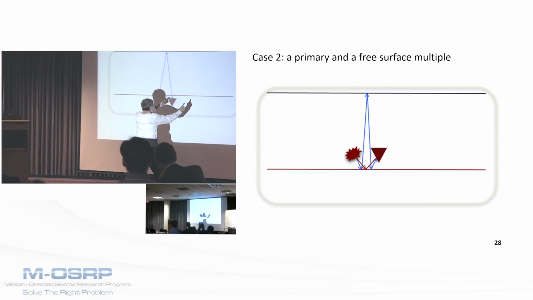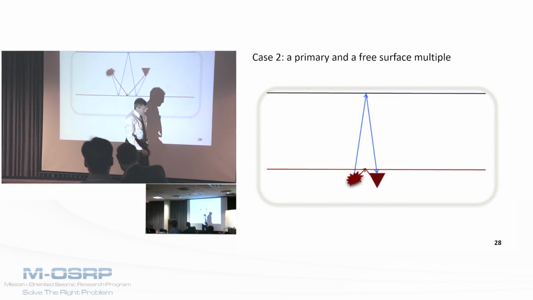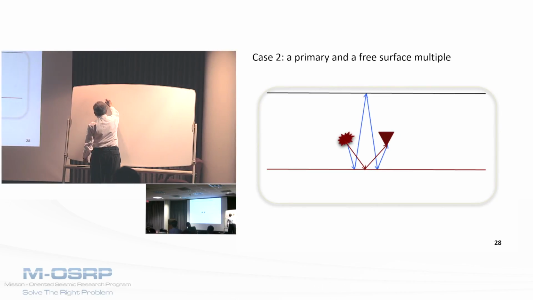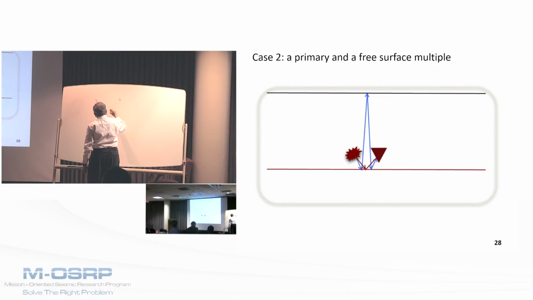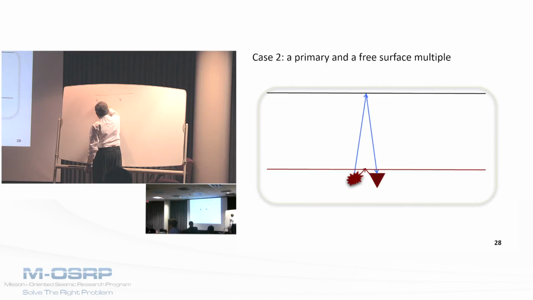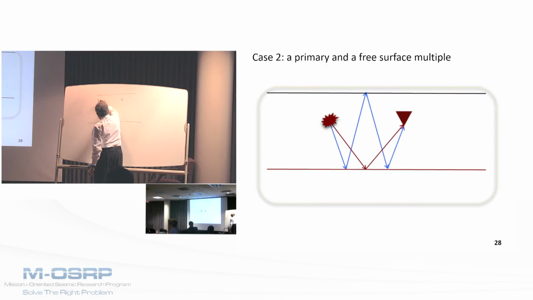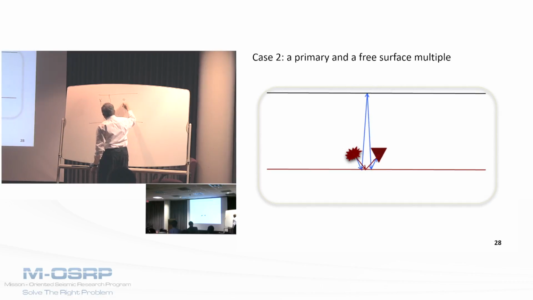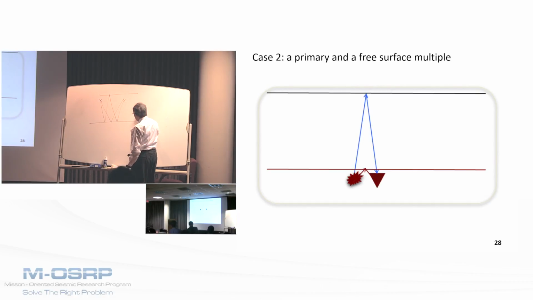In other words, maybe I'll draw it here. You have your original measurement, yes? You have a reflector here. Here's a primary. Here's a free surface multiple, yes? Now you bring it down.